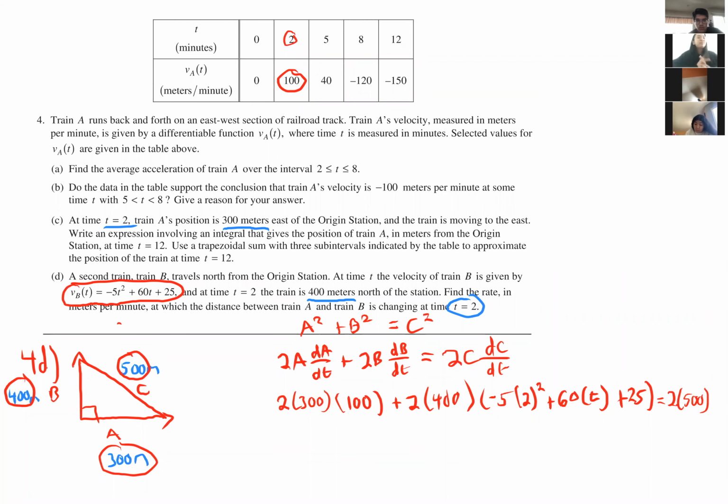So that means dc over dt, it says find the rate in meters per minute of the distance between A and B. So that means we are solving for dc over dt. That describes the rate of change, or how the distance between train A and train B is changing. So this is our unknown, this is our variable. So I'm going to leave this as dc over dt.